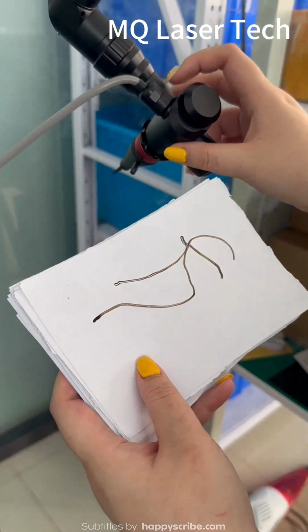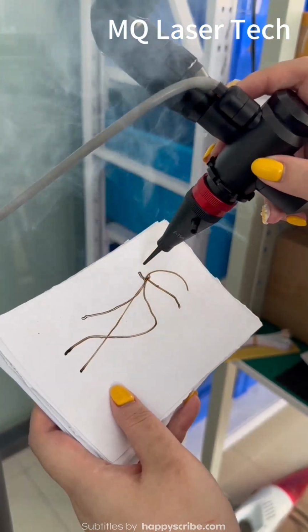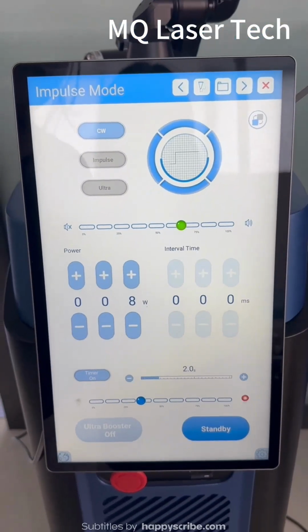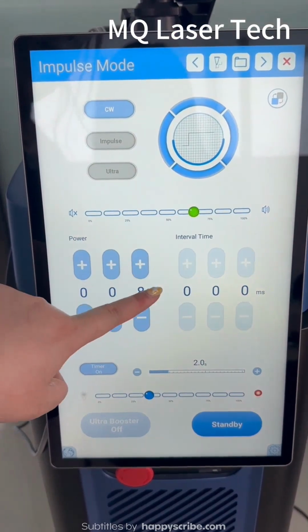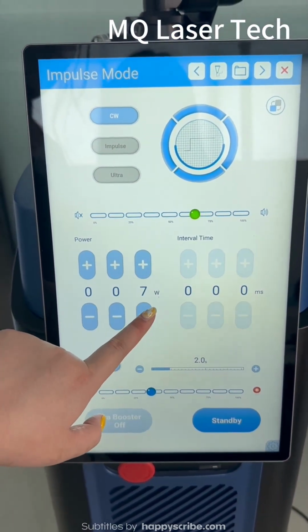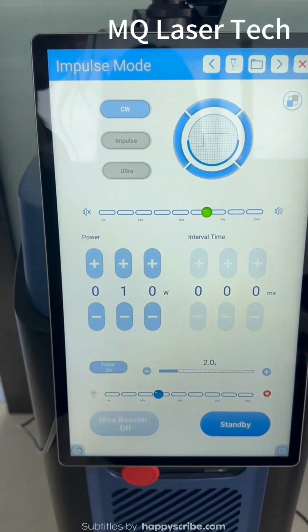The energy will be doubled. For the cutting mode, we also recommend you start the treatment at lower watts. You can start at 8 watts or 10 watts.